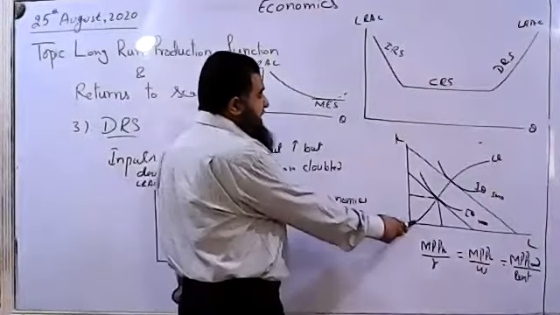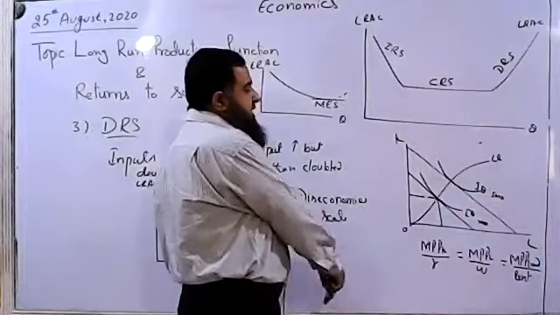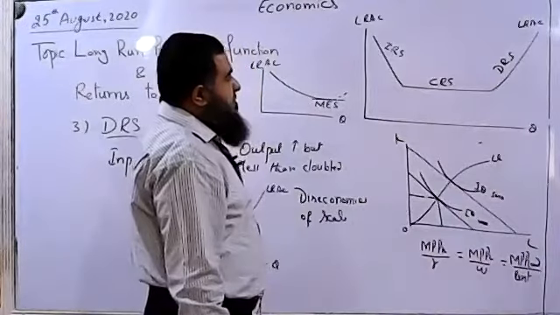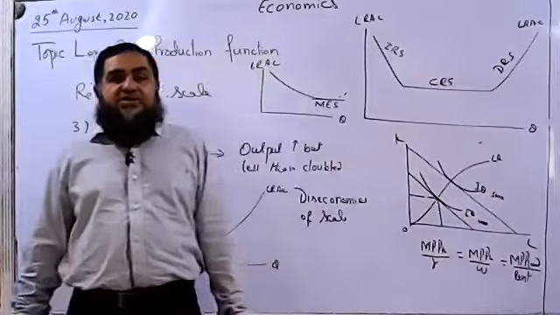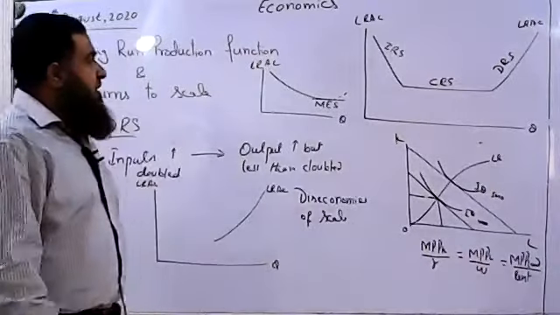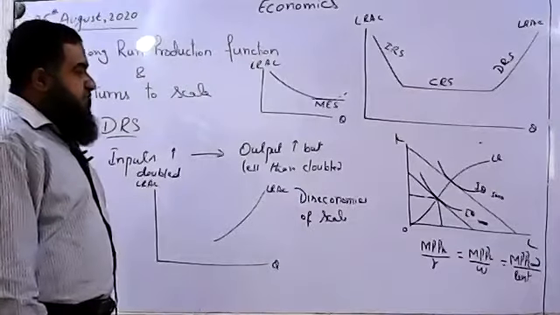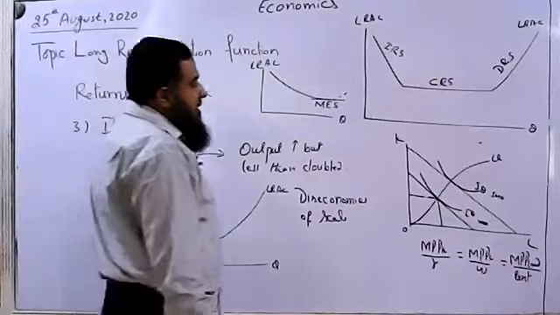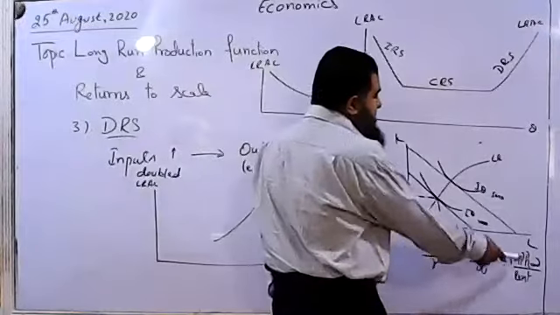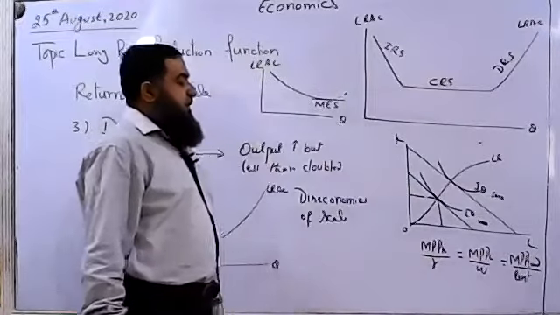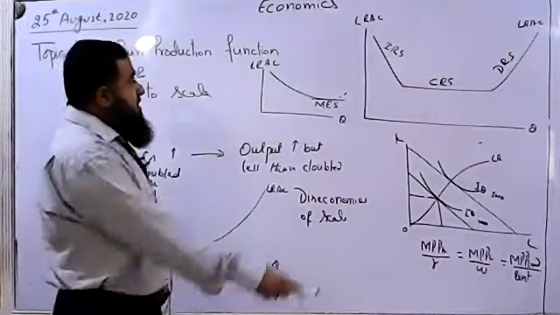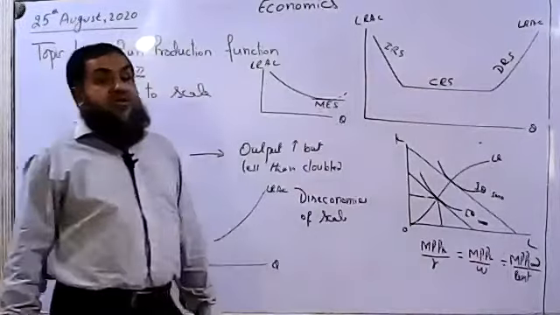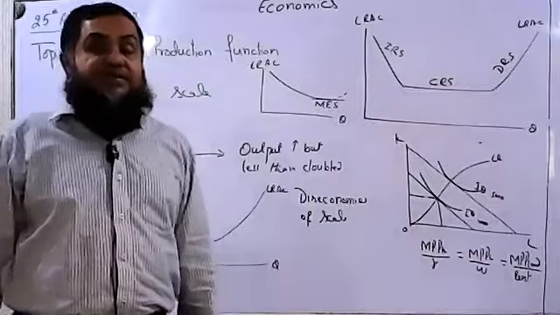If we draw a third axis, the z axis over here, then land can be measured on that axis, and then long run production can be more relevant than by using the two axes, labor and capital, of the short run. But in the long run, this equation should be achieved by the production process. Then we can say it is able to achieve minimum efficient scale of production or dynamic productive efficiency.